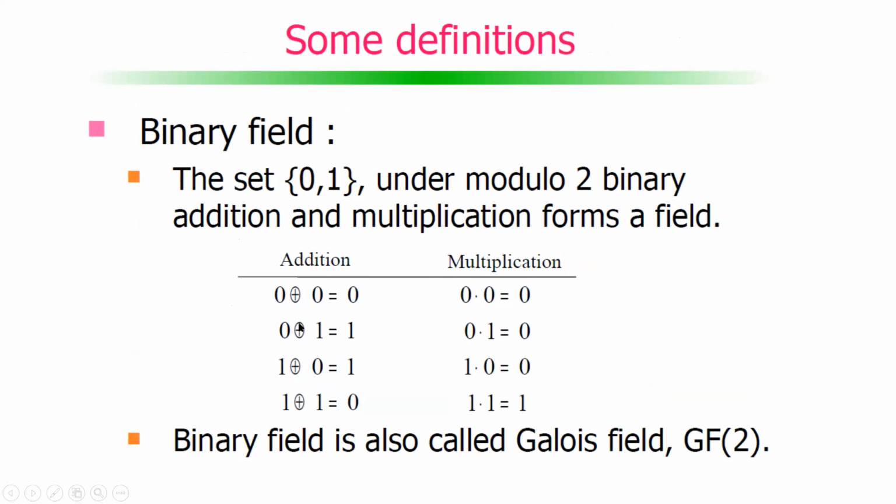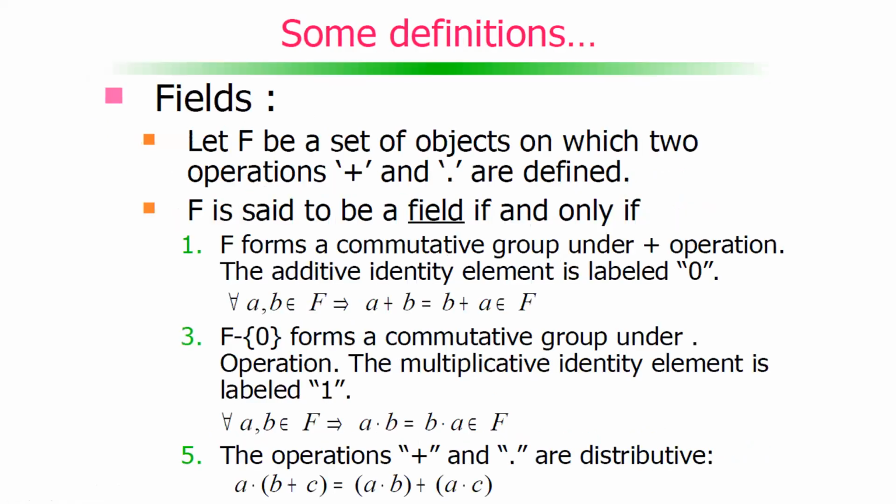And these are some operations which can be performed on the elements of the binary field: addition and multiplication. This binary field is also called the Galois field, and it is represented as GF, and in the bracket it is 2 because there are only two elements in the alphabet. Alphabet means only one of the two elements can be transmitted and received at the receiver.